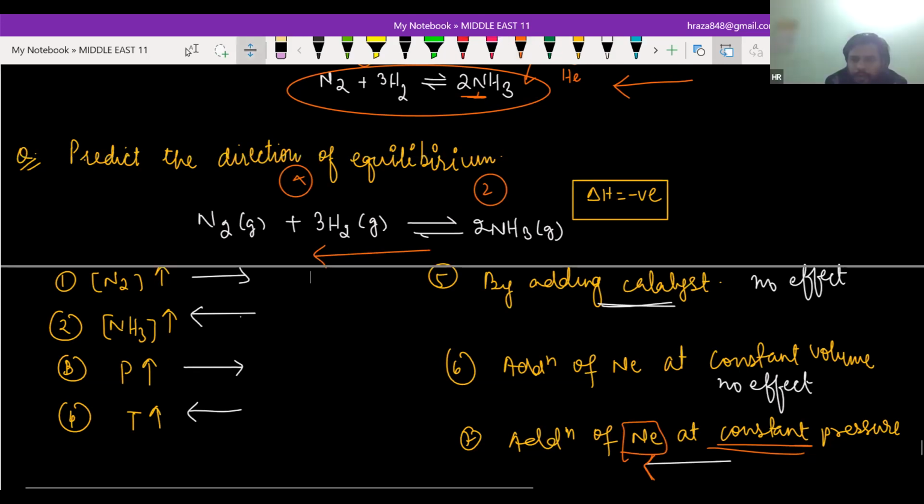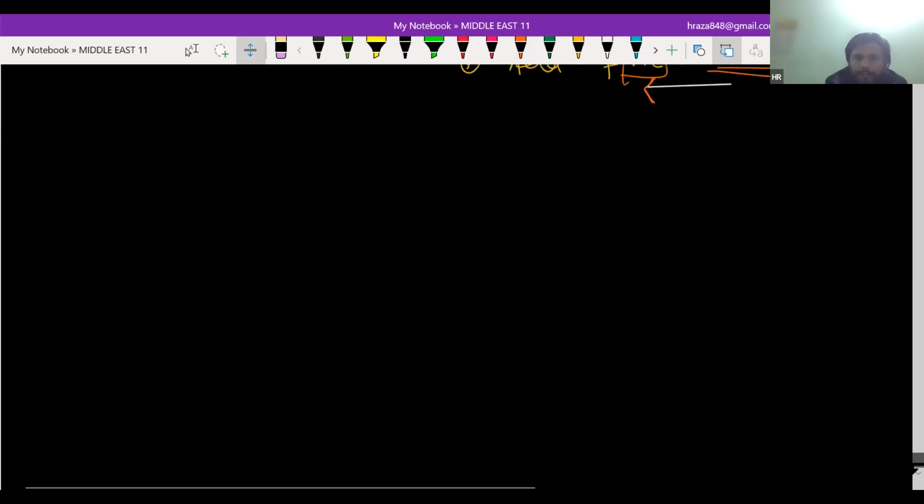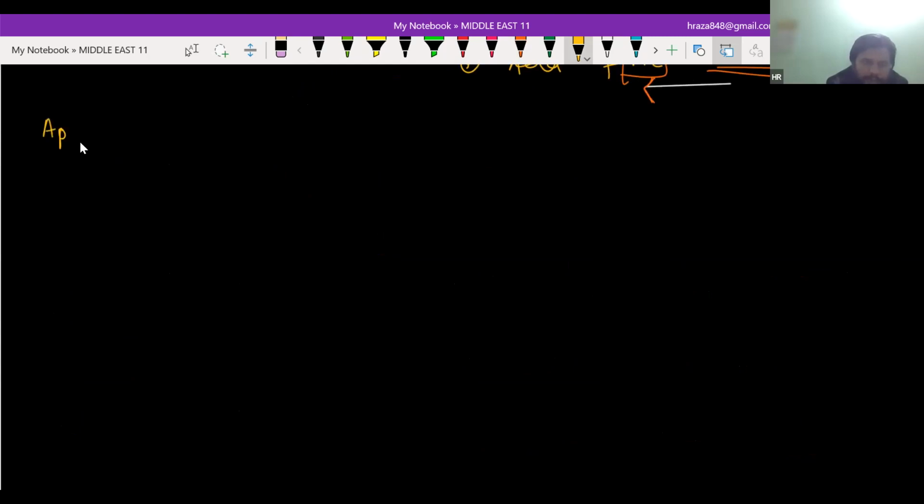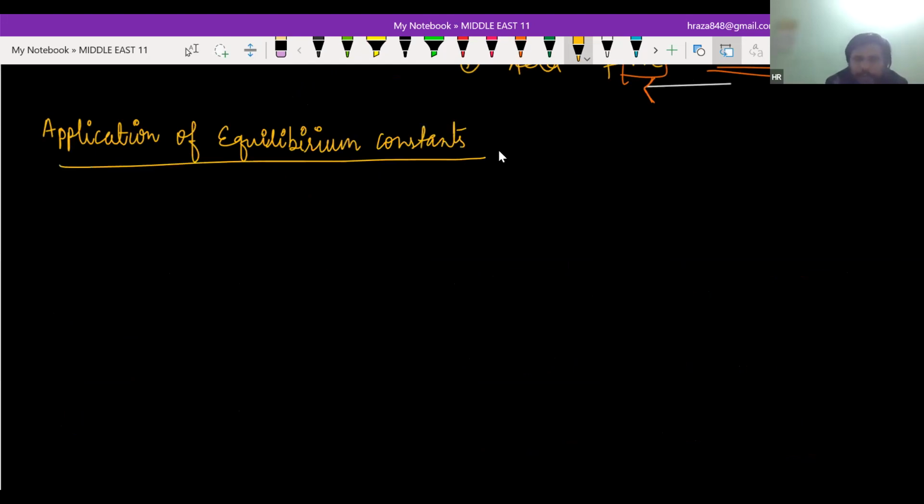Moving to the next topic, which is application of equilibrium constants. Basically, we can predict the extent of reaction.